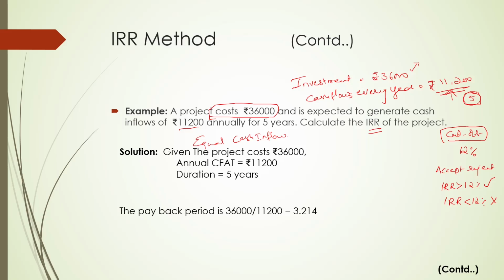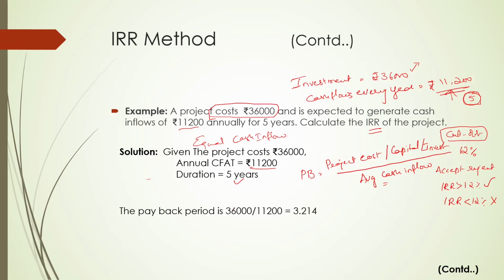That is the total project cost or the initial investment, I'll write here, project cost or capital or investment, divided by the average cash inflow. Average cash inflow means every year it is generating 11,200 for 5 years. So obviously the average cash inflow will be 11,200.